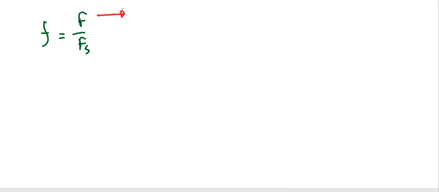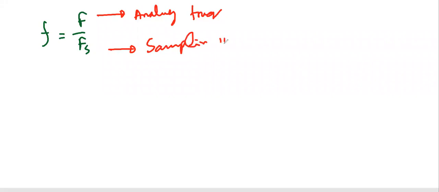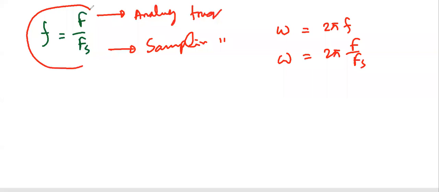What is the name of the capital F? Analog frequency. Exactly. And fs is the sampling frequency. This is a very important statement. Similarly, we know that omega equals 2π f, so we can also write omega equals 2π F divided by fs. Okay, so these are very simple things. Please remember this part. This will help us.